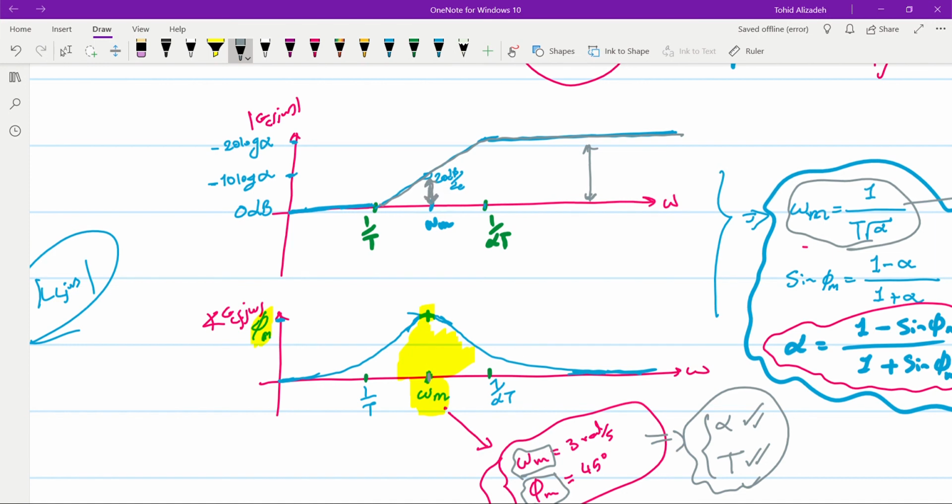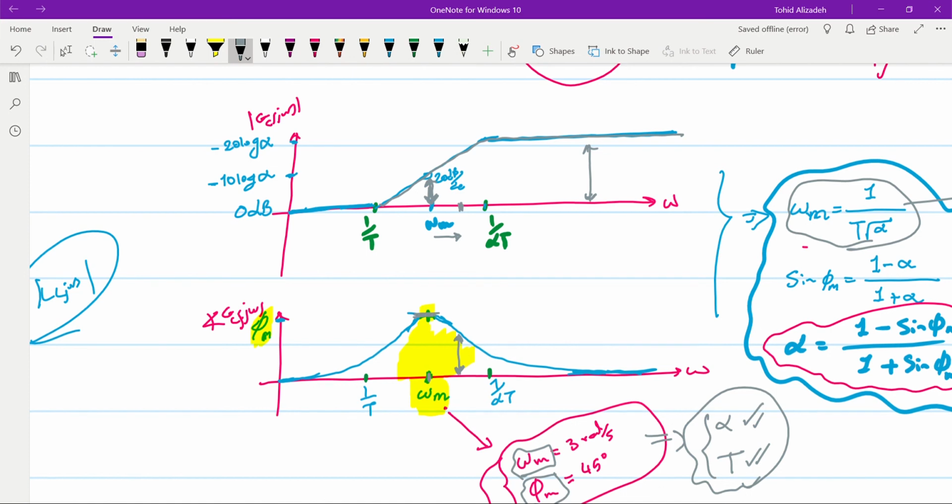And as a result, the crossover frequency will most likely be increased. It will not be at the desired frequency of omega m, but it will be somewhere maybe around here. So as a result, since the crossover frequency will change, this phase will be considered as the positive injected phase at the crossover frequency, not the phi m that we wanted to have.